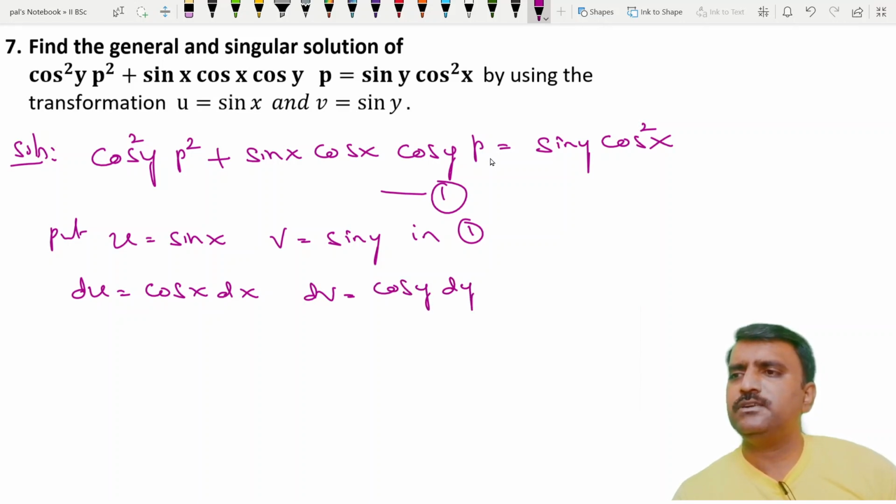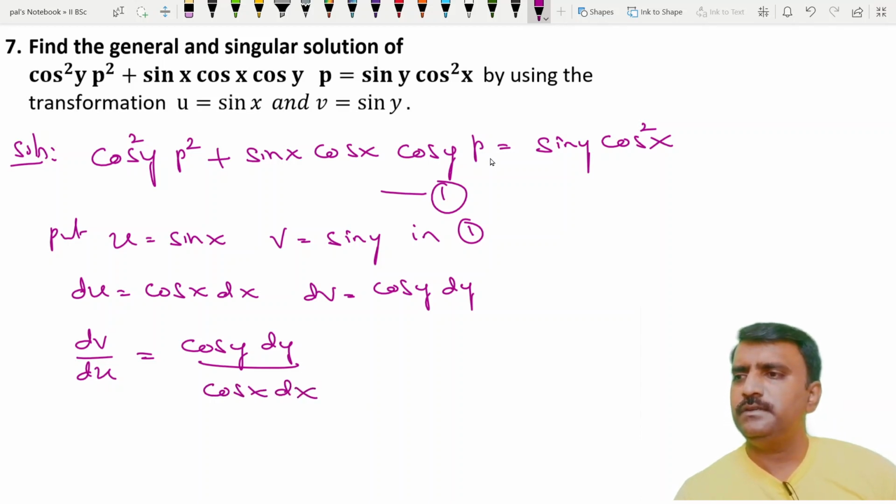du is cos x dx, dv is cos y dy. Now you take dv by du. dv by du is equal to, what is dv? dv is cos y into dy divided by cos x into dx.